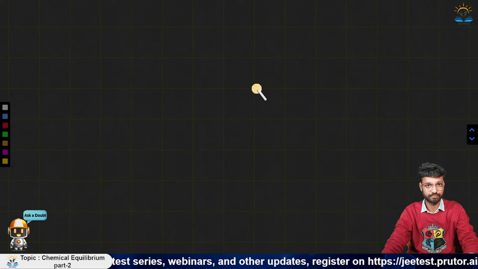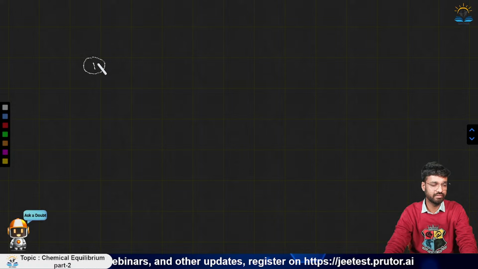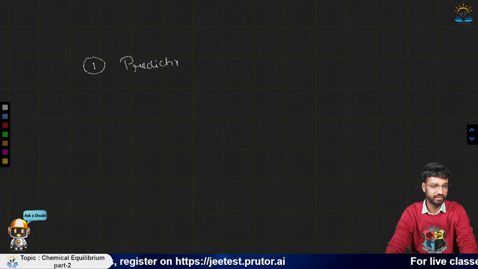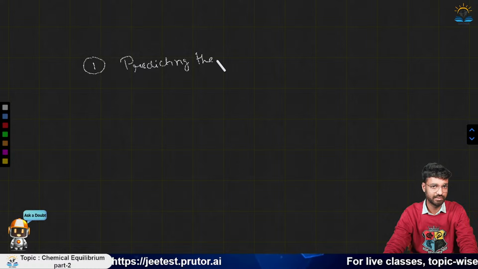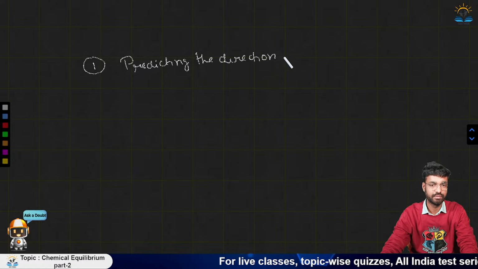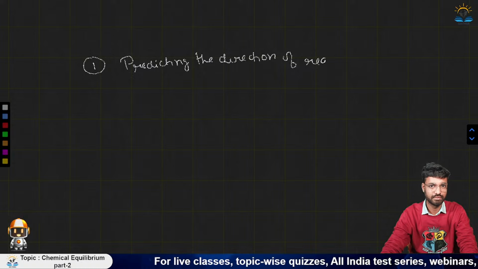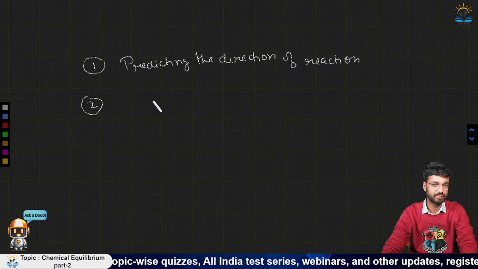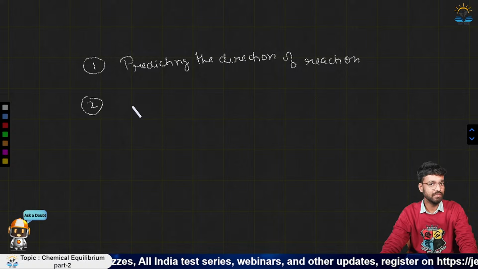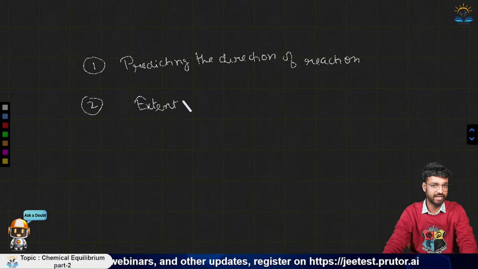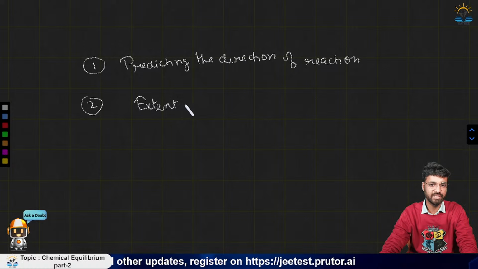The second one was that it helps in determining the extent of reaction, that is, how much product or reactant will be present at equilibrium when the reaction is completed.